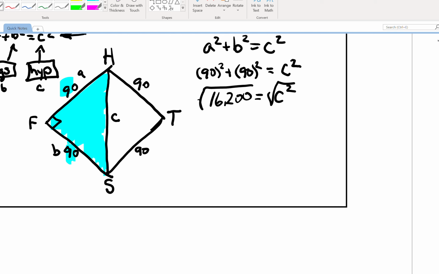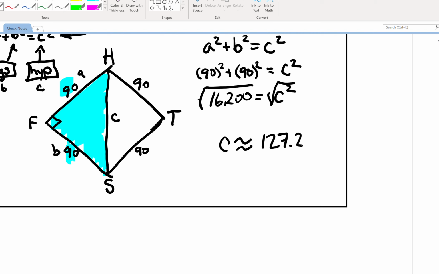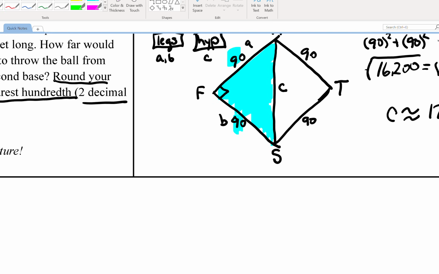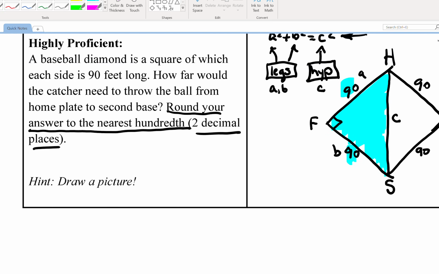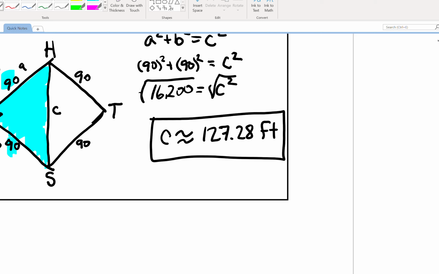C then is approximately 127.28, and that is feet. And there you have it.